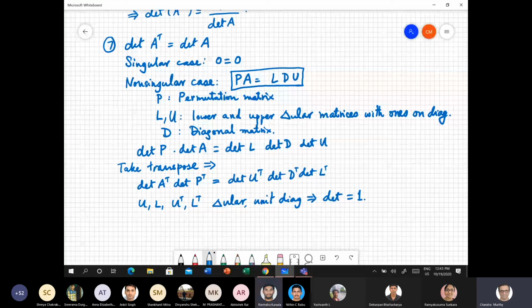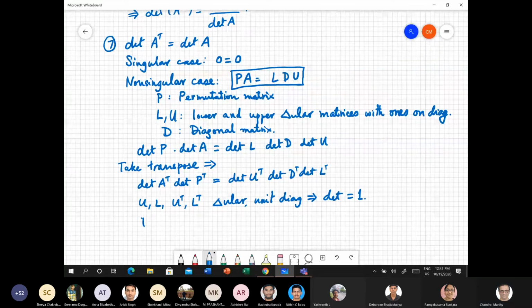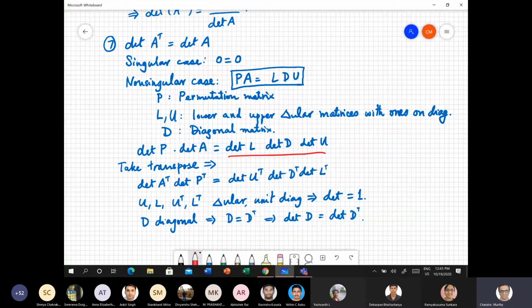Also D is diagonal, which implies that D is equal to D transpose, so that determinant of D equals the determinant of D transpose. So what we then have is that the right hand sides of the two are actually equal. This is equal to this, and so we have determinant of A transpose times determinant of P transpose is equal to determinant of P times the determinant of A.